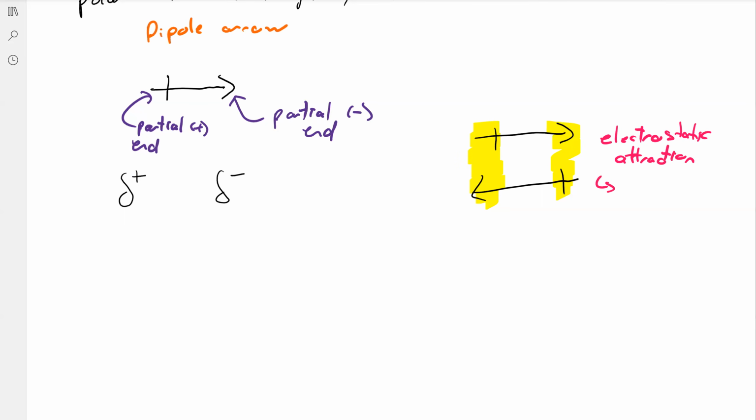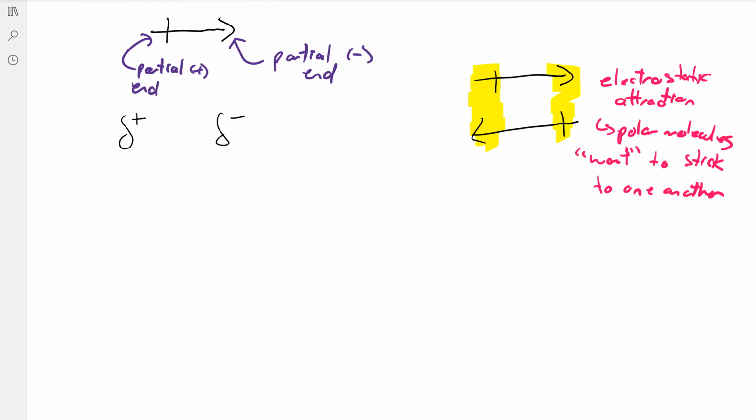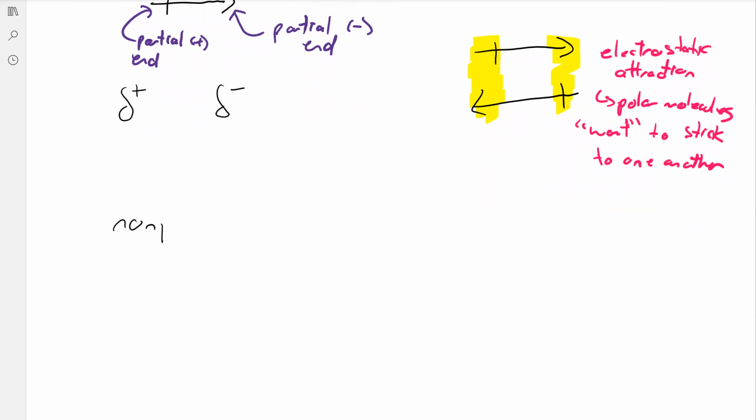And so what that tells us is that polar molecules want to stick to one another, just how a bunch of magnets would all get stuck together. So what does nonpolar mean? It means that we don't have these charges.